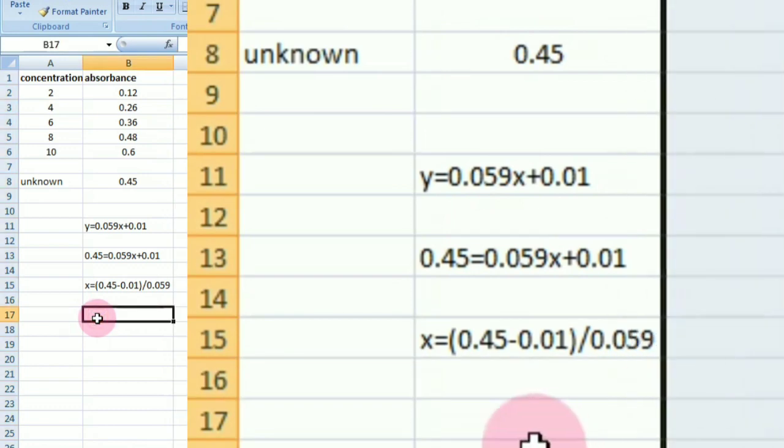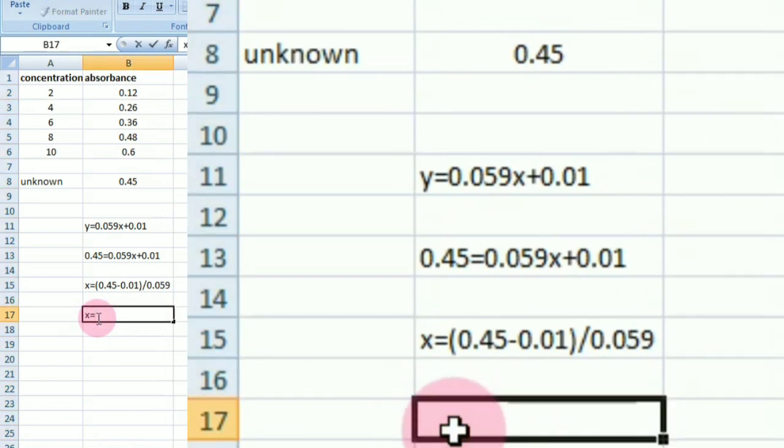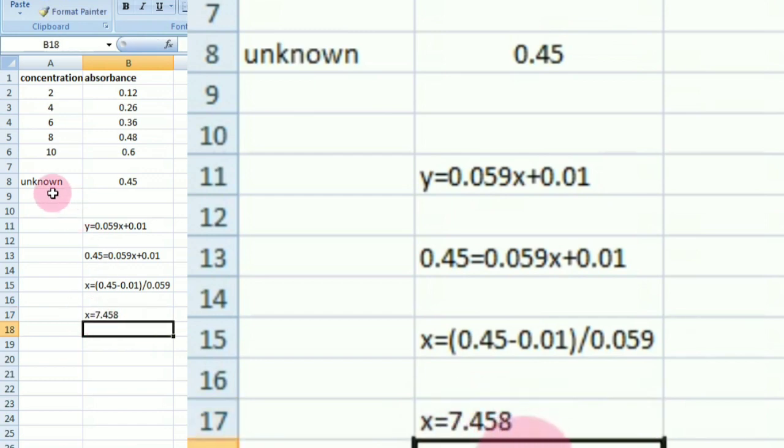So x will be equal to 7.458. This is the concentration of the unknown solution.